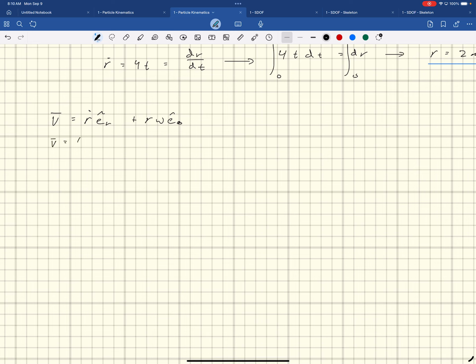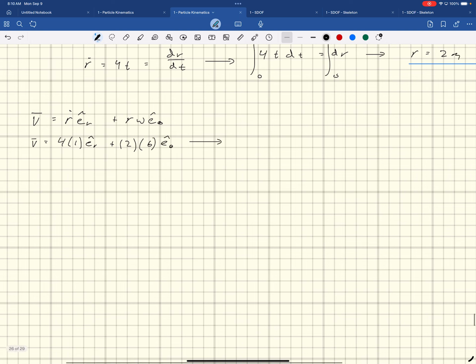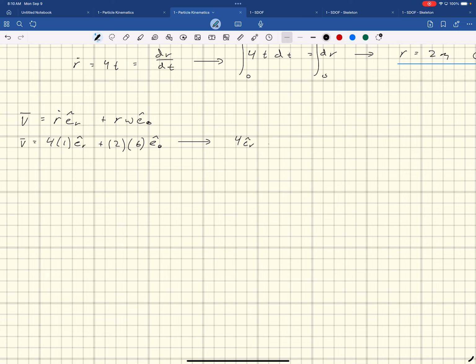That's the t. In the ER direction. Plus, we just figured out what R was, which was just 2. Omega was 6. And that's in the E theta direction. And that is my velocity vector. 4 in the ER hat plus 12 in the E theta hat. That's my velocity.